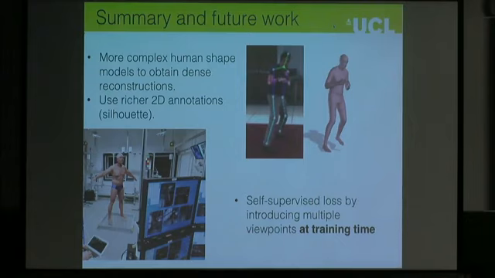What we're working on right now is to use multiple viewpoints at training time, and the 3D pose needs to satisfy the constraint that if we're reconstructing from multiple viewpoints, all of them have to agree on the same 3D pose. So that's a great self-supervision signal. We can use that to do 3D reconstruction, and this is what we're working on right now. So trying to use as few labels as possible, that's really where we're moving towards.